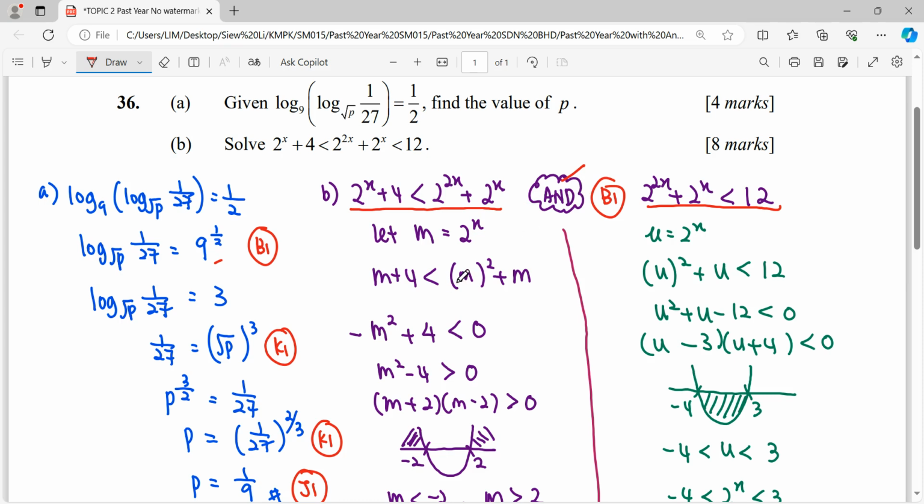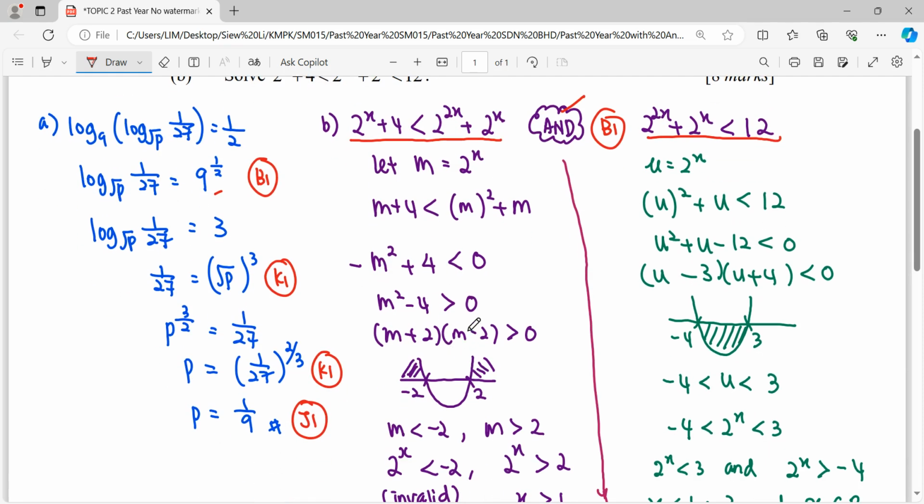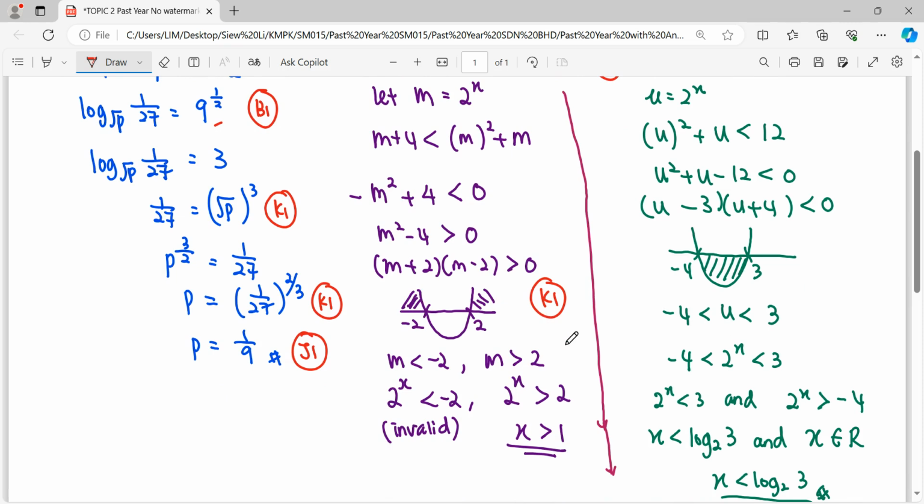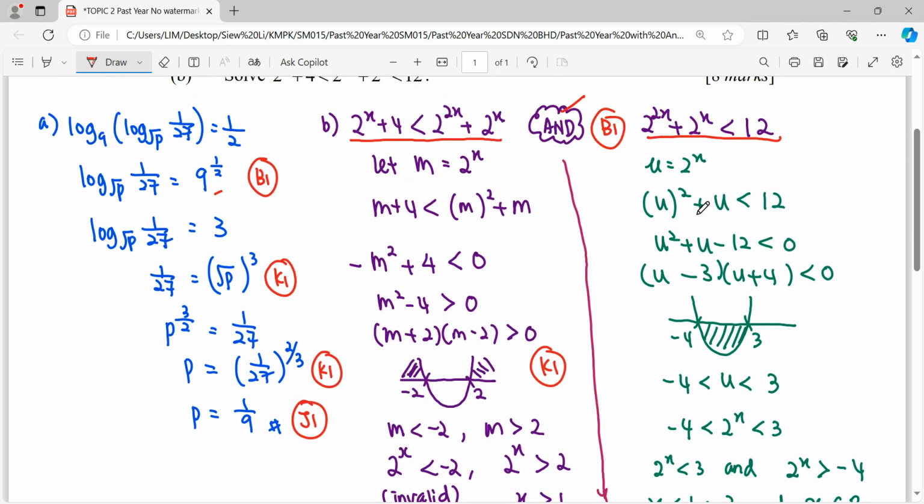Then we look at the left hand side, how you solve these inequalities. You substitute in terms of quadratic, in terms of u here. So this is the method for us to see how you solve your quadratic inequalities. And then for the right hand side also solving by quadratic inequalities, where we want to see factorize and graph.